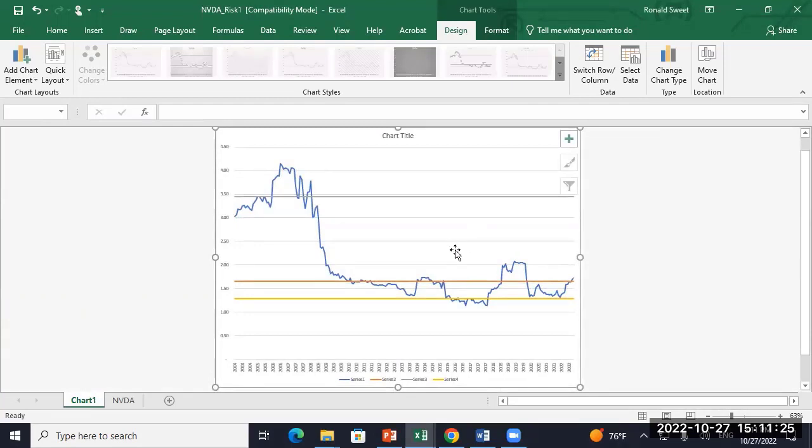So on NVIDIA, I might say, you know what, I'm just going to start here. That's 2009. I'm just going to do from 2009 forward because this looks like a completely different company. And you can certainly do that. Just find a different plot point.